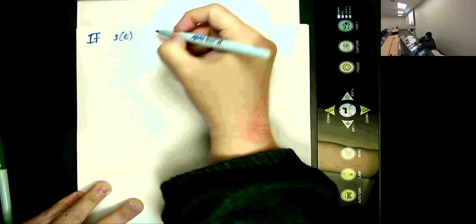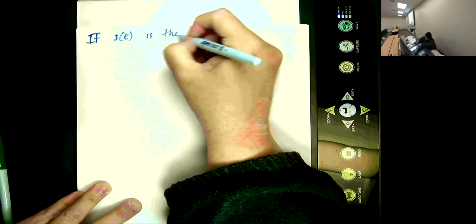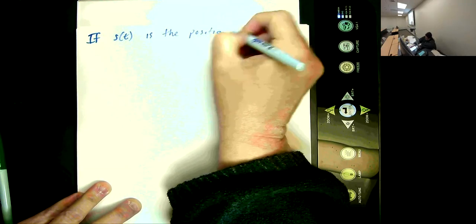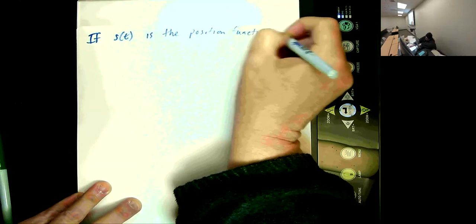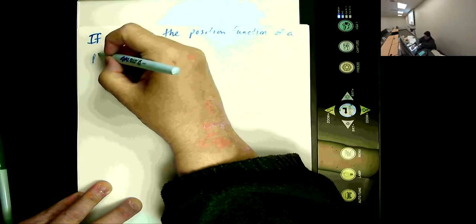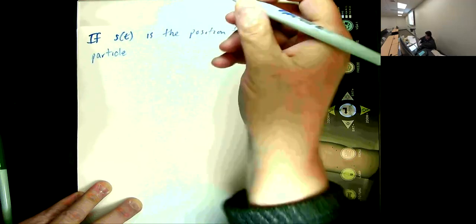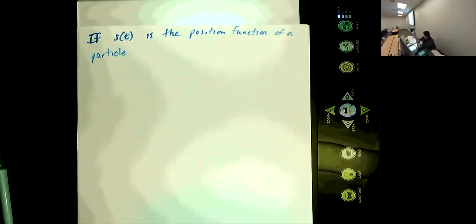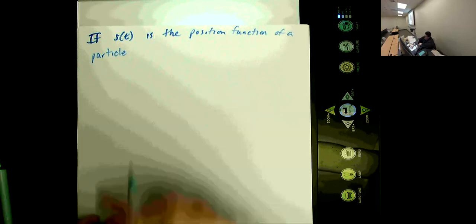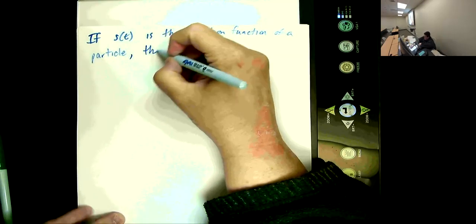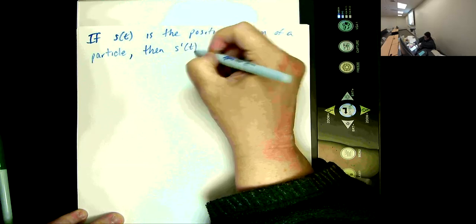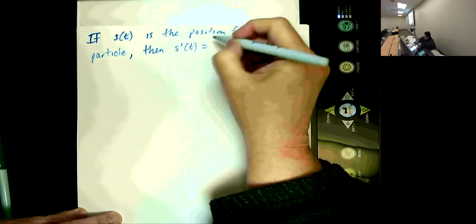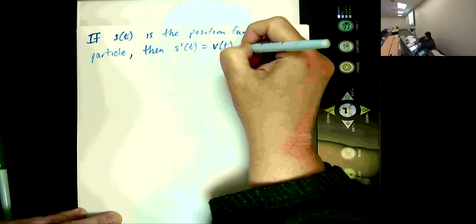So we're going to talk about if S of t is the position function of a particle, then S prime of t, the change in position over a change in time, is the velocity function.